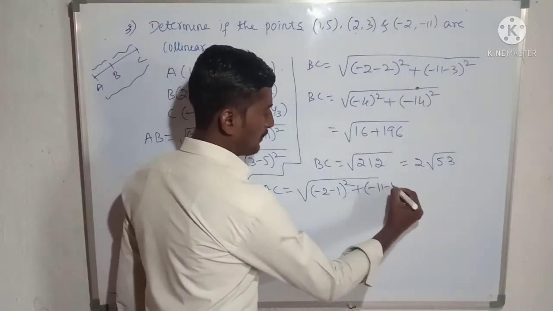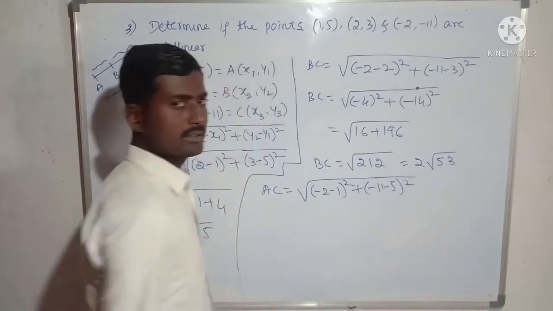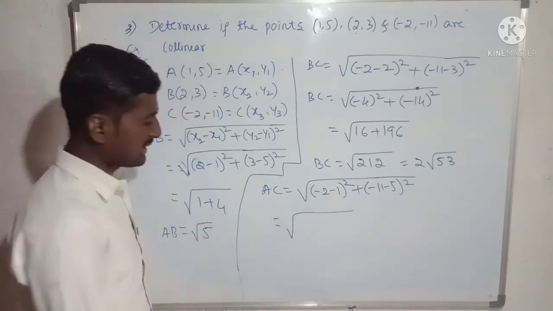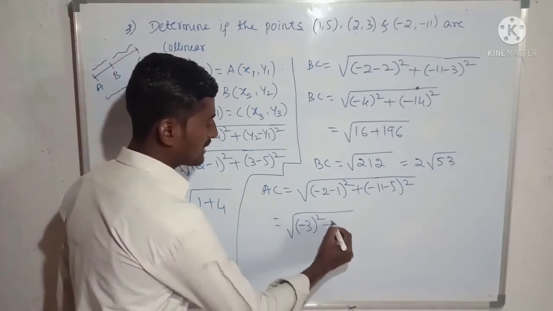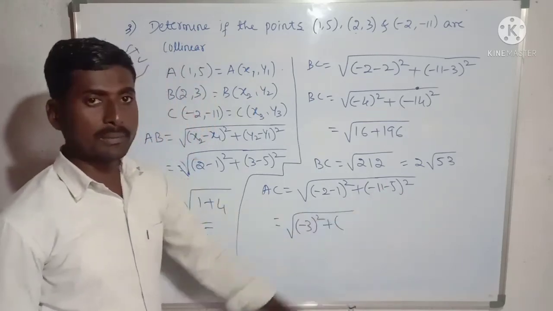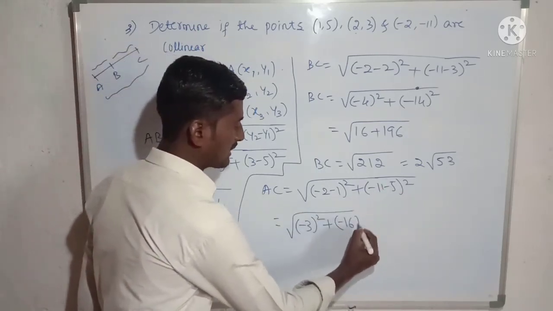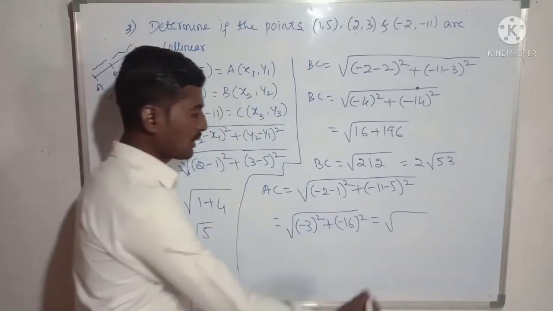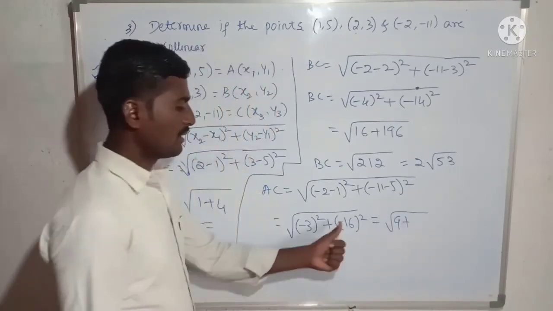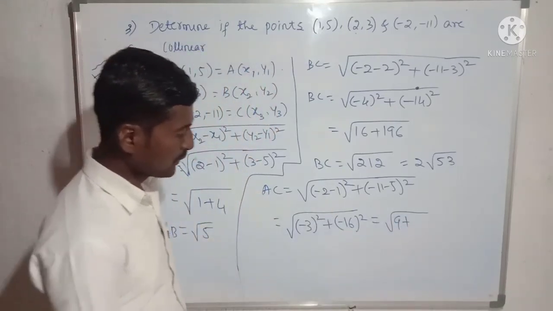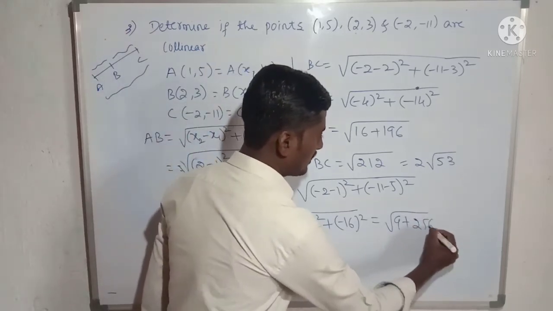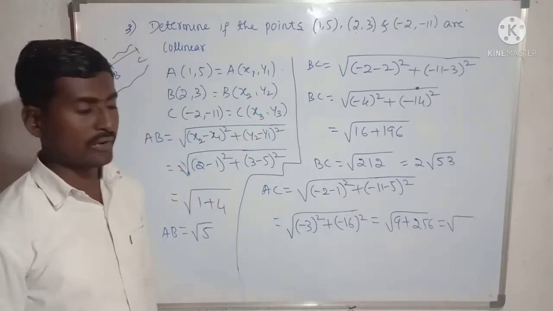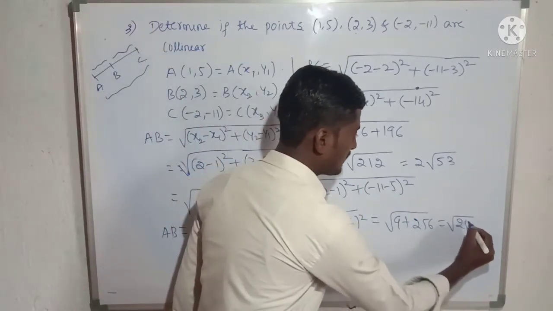Now this is equal to under root of minus 2 minus 1, that is minus 3 square, plus minus 11 minus 5, that is minus 16 square. This is equal to under root of minus 3 square value is 9, plus minus 16 square, that is 256, which is under root of 265. Okay.